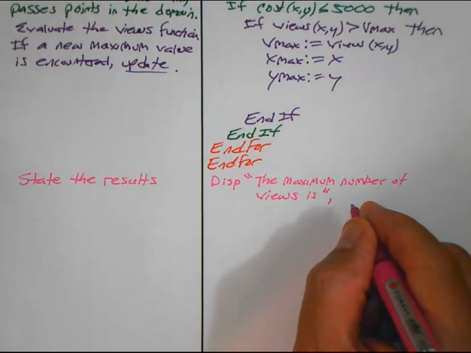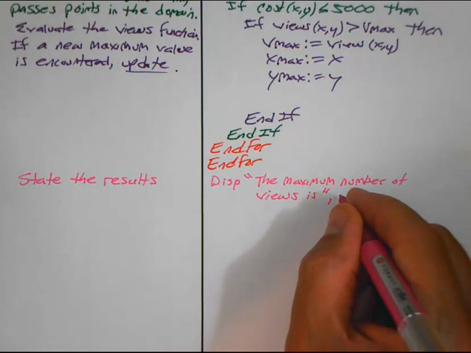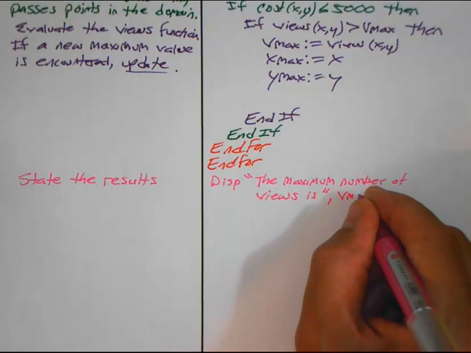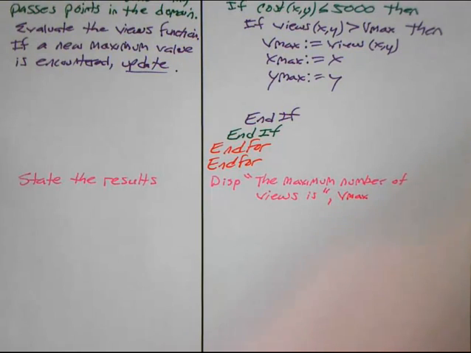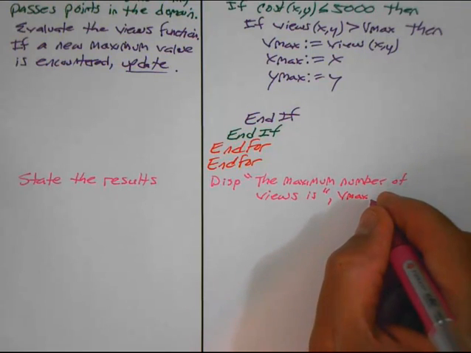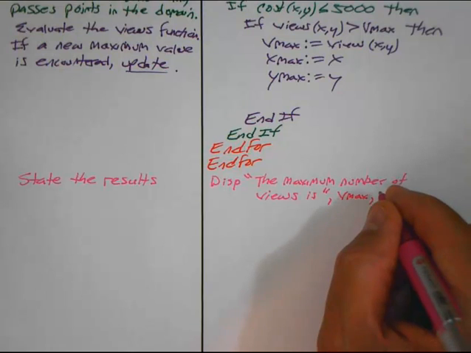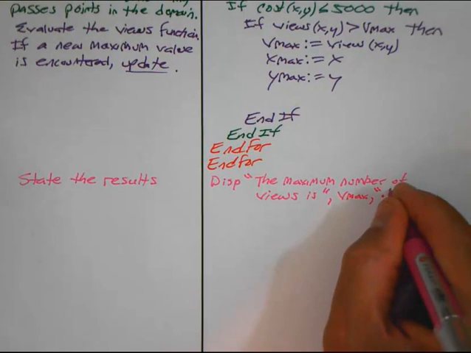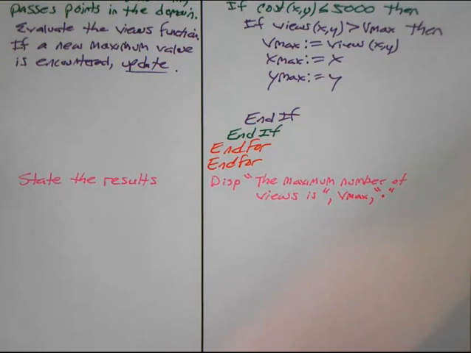That something else should be the Vmax, a variable, so no quotation marks. And okay, this is a sentence that should have, I suppose, a period at the end, and you actually have to use quotations to get text, a single period, and the other quotation mark.